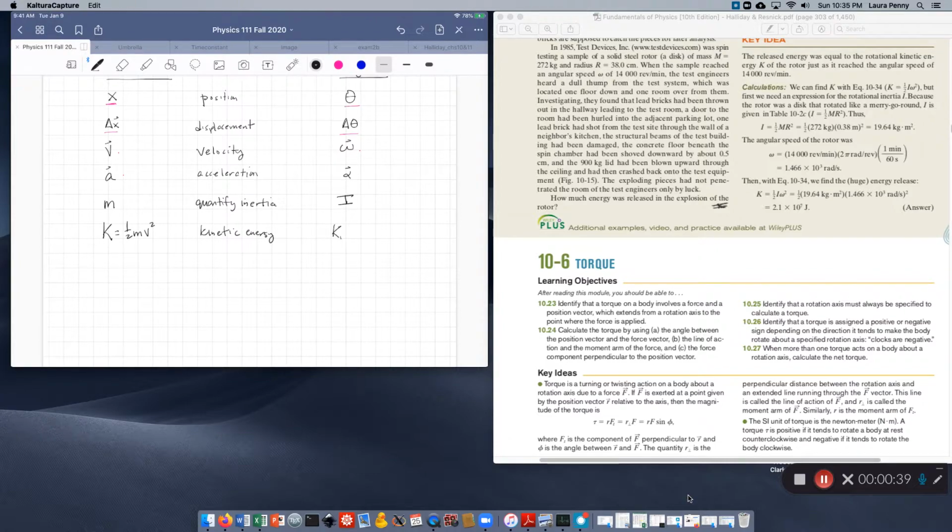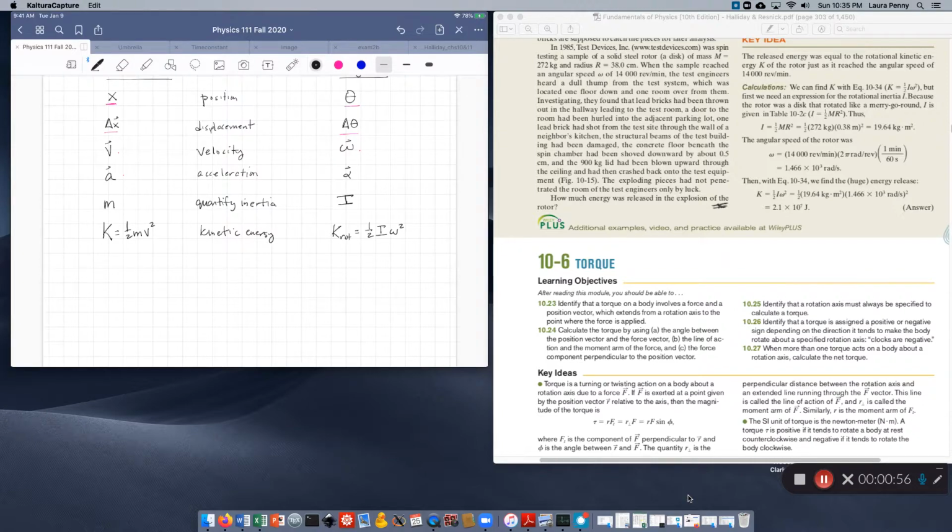Now we're going to have rotational kinetic energy, which is 1/2 I omega squared. Notice that where we had mass, we now have I, and where we had v, we now have omega.